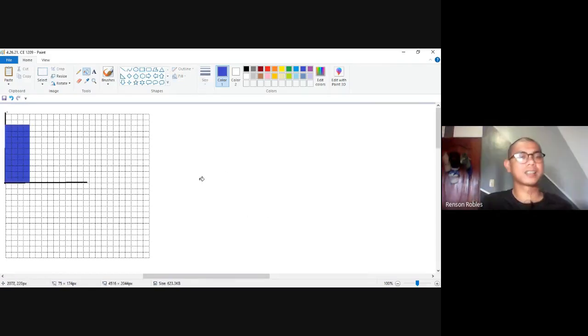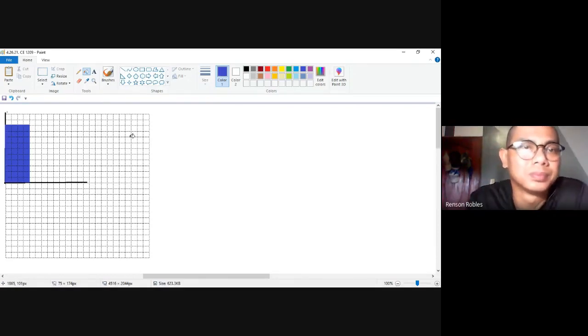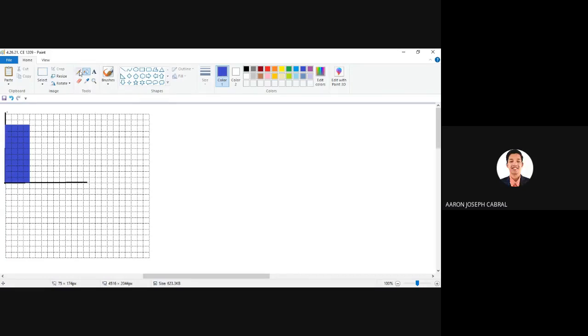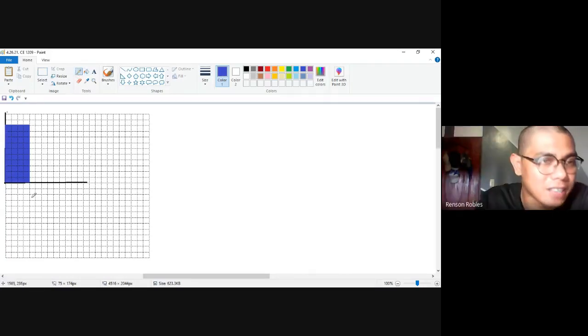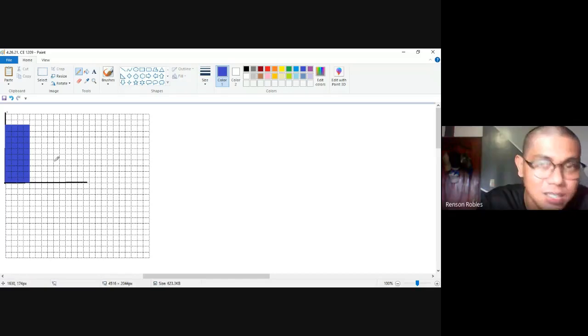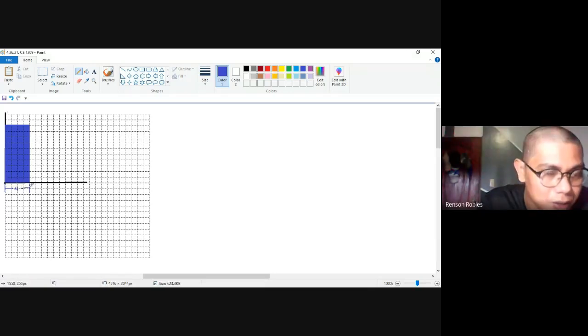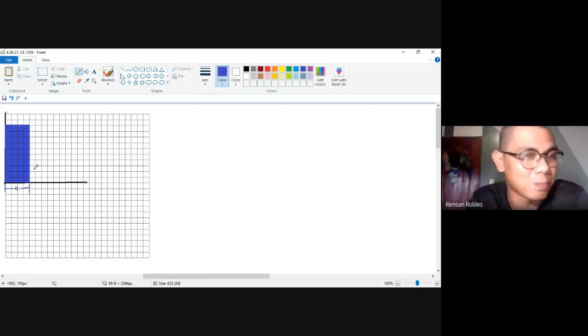That's the rectangle. Where can we find the centroid if this is of equal masses? In the middle, the center. Let's count: 1, 2, 3, 4, so it's at 2, because this side is 4 and the center is located at half of this.